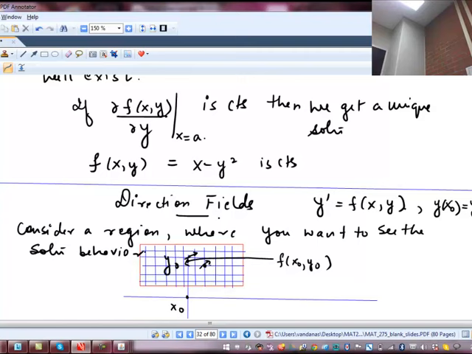But at every point I have to compute the slope f. I don't want to compute the slope at every point of this grid, and then maybe my solution would be going like this or in this track somehow. But I don't want to do this. So how will I get around this problem?